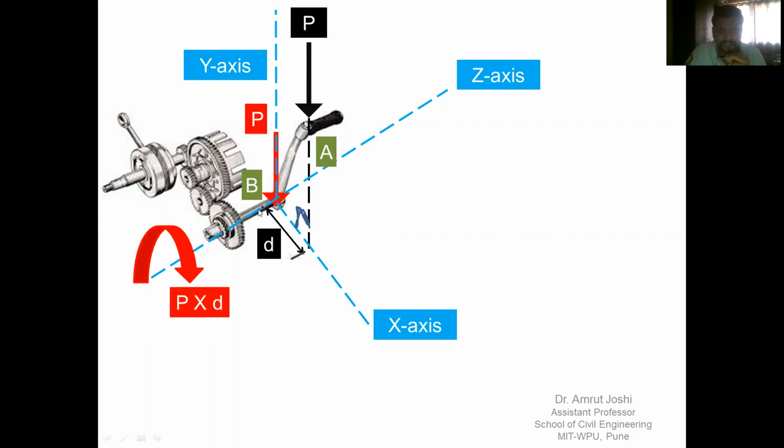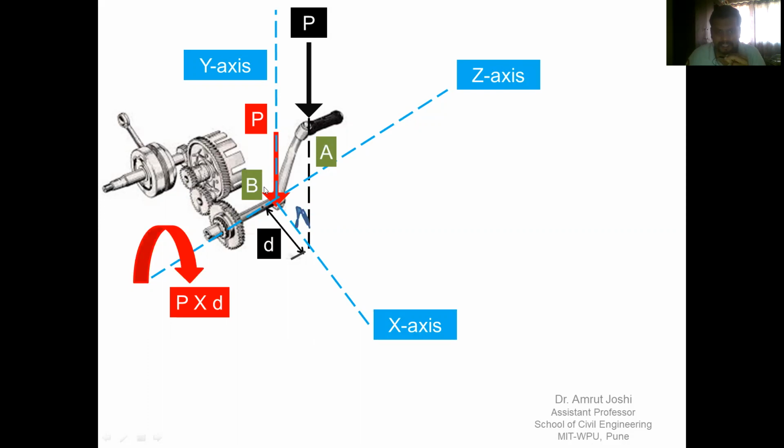That force as it is, I have shown here in red arrow and it is marked as force P. So point B will experience a push of magnitude P even though the force is applied at point A. And the kick will rotate about point B, to be precise about the z axis passing through point B.